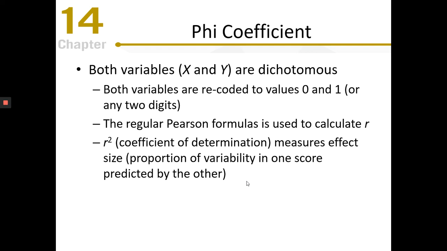So I take the median of the attraction scores. If you're above the median, you have high attraction. If you're below the median, you're low attraction. So 1, high attraction, 0, low attraction. So now I have red and green, red 1, green 0, that's one variable. Then I have high attraction 1, low attraction 0.